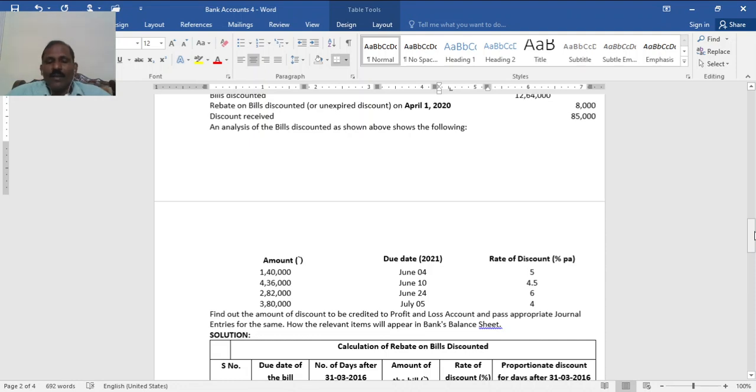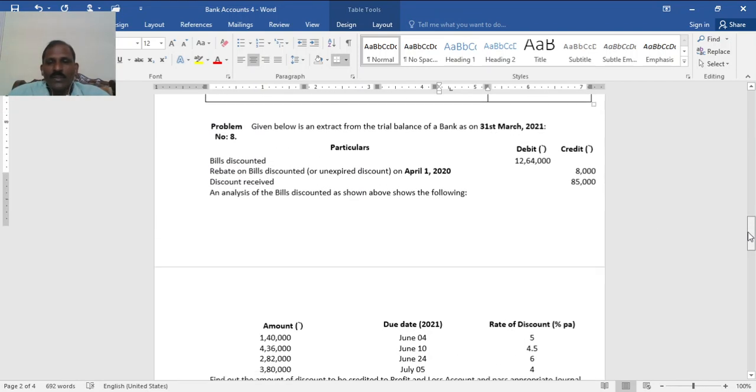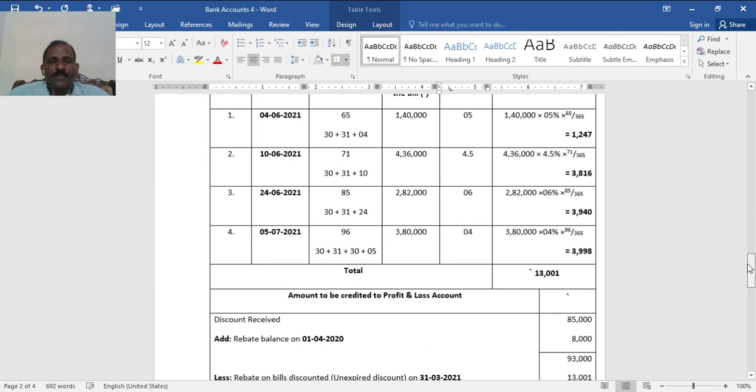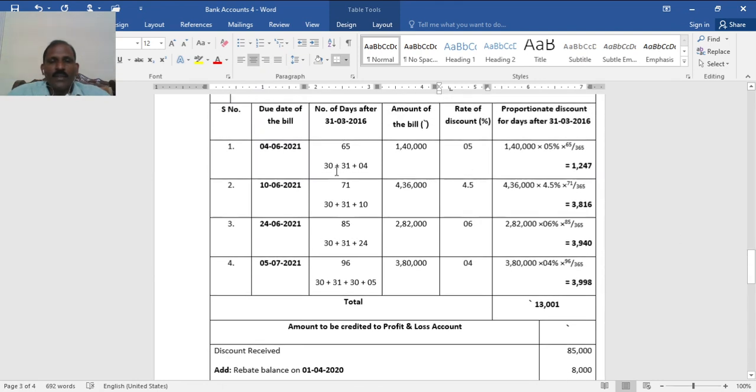See, take the discount, add the opening rebate, deduct the closing rebate at the end. But the rebate at the end is not given in the figures. You have to calculate it here from the outstanding period. When 31st March is the year end, after March, April 30 in the first case.